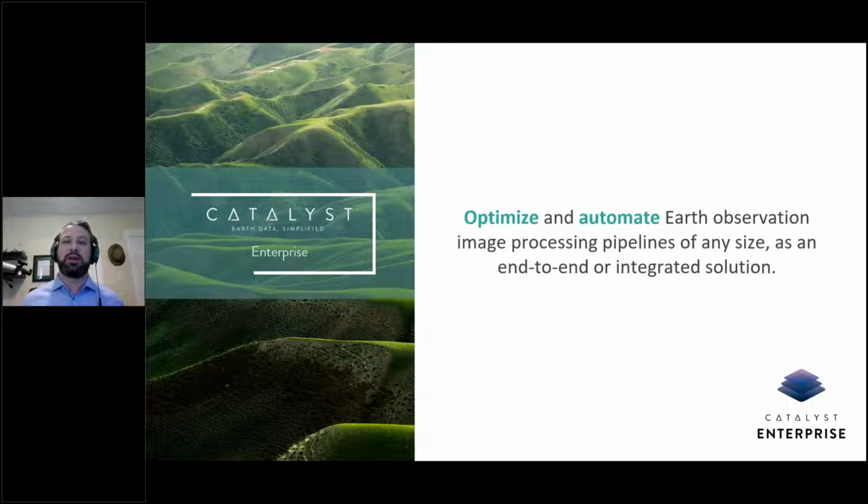It can either be implemented as an end-to-end workflow, and a lot of our customers use it for generating base maps and DEMs, or creating object analysis and so on. Or it can be integrated into a larger solution. There's a variety of ways in which you can take advantage of this, and we're going to explore that a little bit here today.